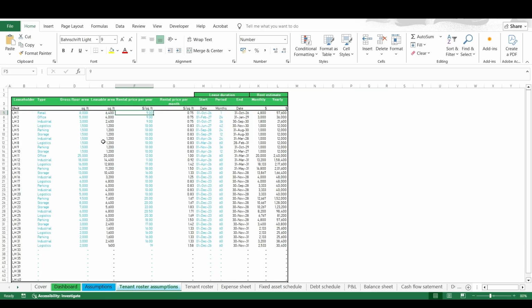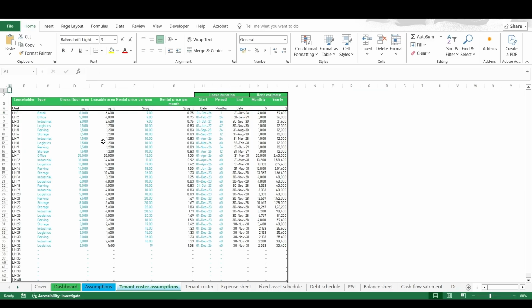Then we calculate the rental price per month from the rental price per year that we need to input. Also we need to input the details about the lease duration, such as when it starts and how long it will stay, so the ending date automatically gets calculated.